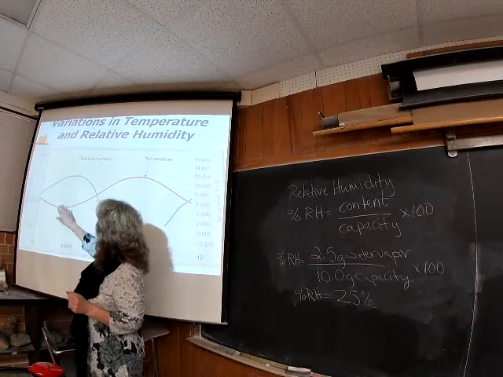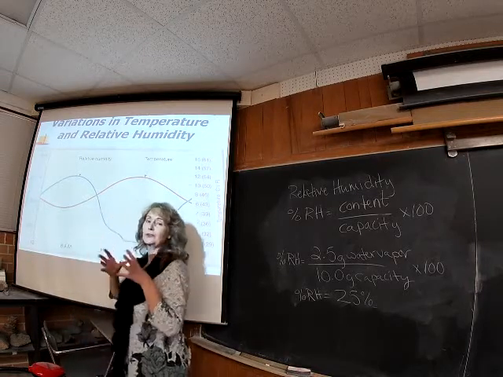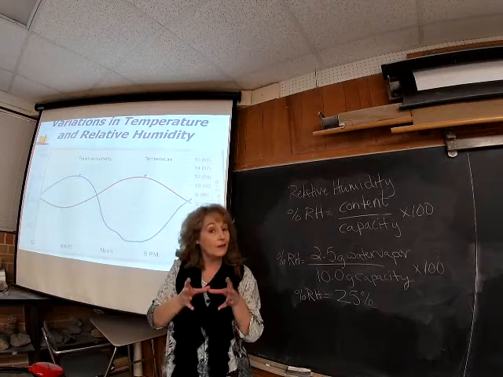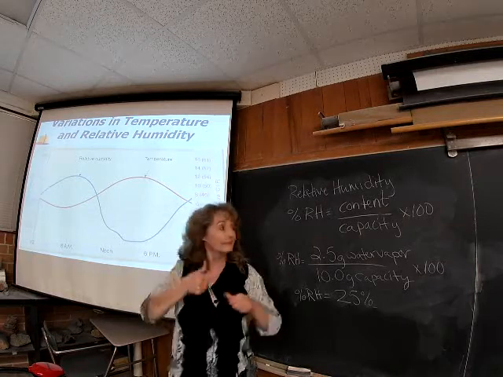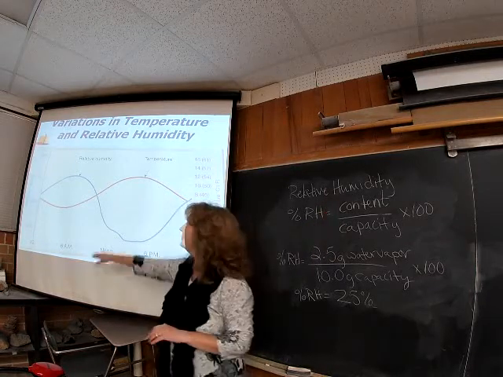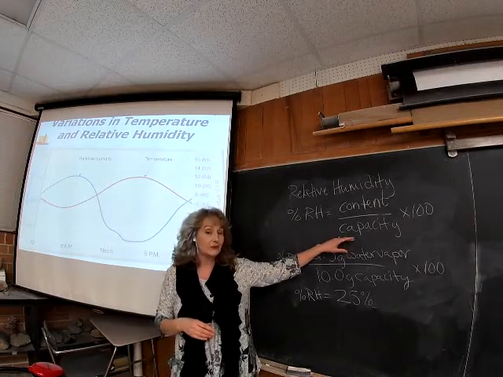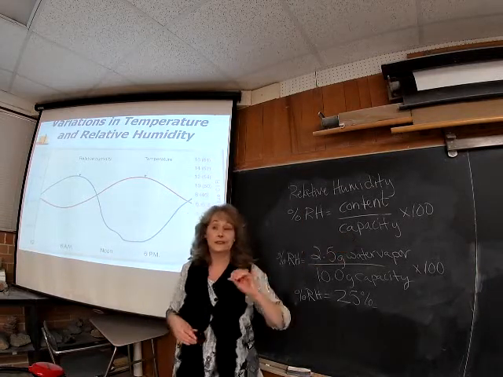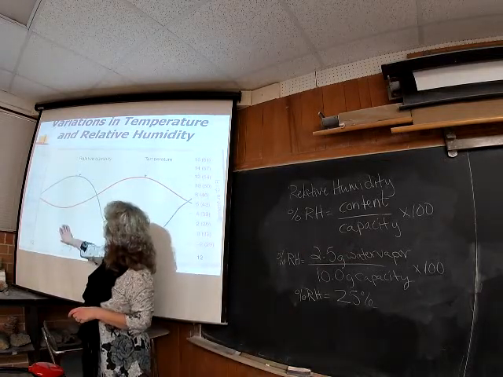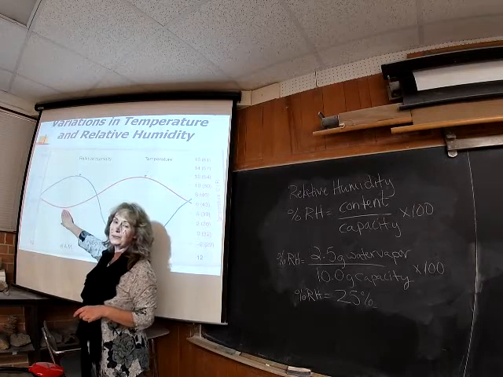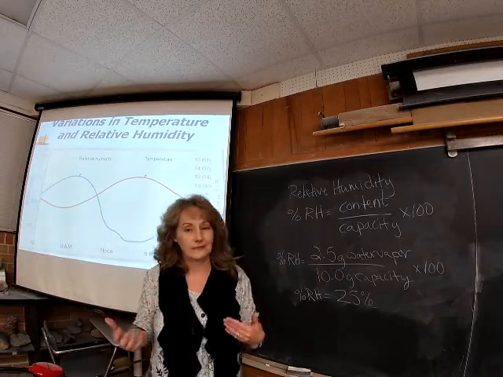So you get your lowest temperatures just before sunrise, right? But because those temperatures are low, that atmosphere cannot hold as much water vapor, right? That's going to drive up your relative humidity, right? The lower those temperatures, the less the capacity for water vapor, that increases your relative humidity. Just see how that's an inverse relationship. So just before sunrise, our lowest temperatures, but our highest relative humidities are going to happen overnight.